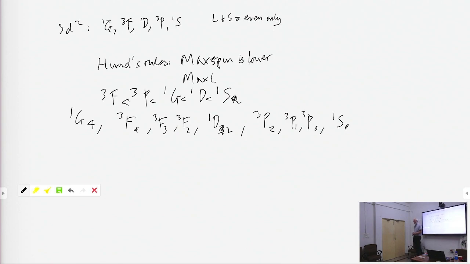S is L equals 0. What's D? 2. So if you have one electron in a d orbital, is that odd or even? Even. So if you have 2 electrons in a d orbital, is it odd or even? It's still even, because 2 plus 2 is 4. So it doesn't matter how many electrons you have in a d orbital, it's always going to give you an even contribution. It's p and f orbitals that matter.